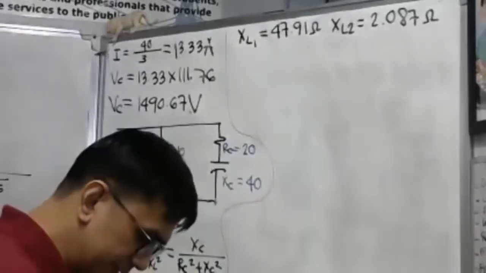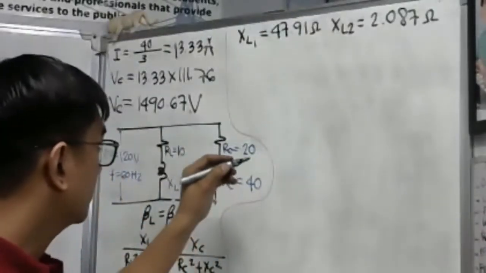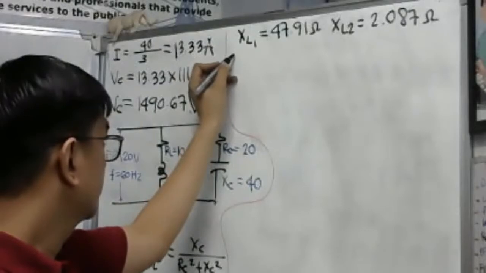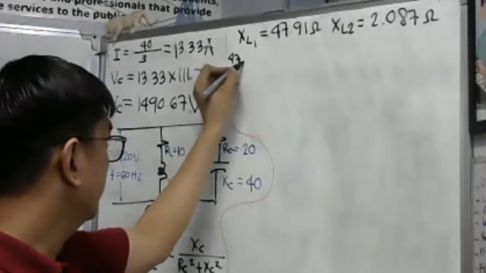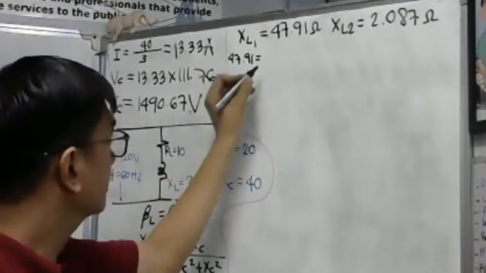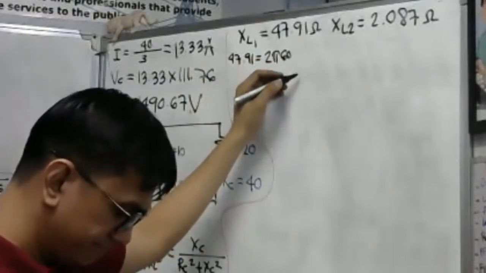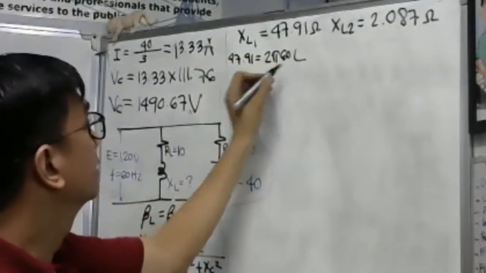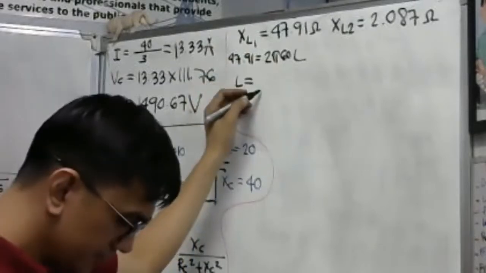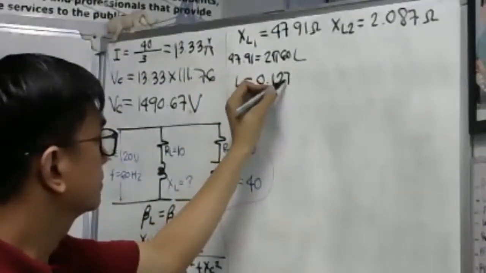So let's calculate for our L1. 47.91 is equal to 2 pi 60 L. We have this value, 0.127 Henry.